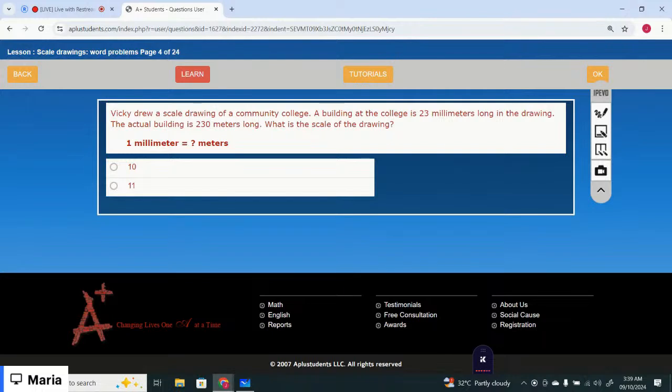Vicky drew a scale drawing of a community college. A building at the college is 23 millimeters long in the drawing. The actual building is 230 meters long. What is the scale of the drawing? Which is the correct option?